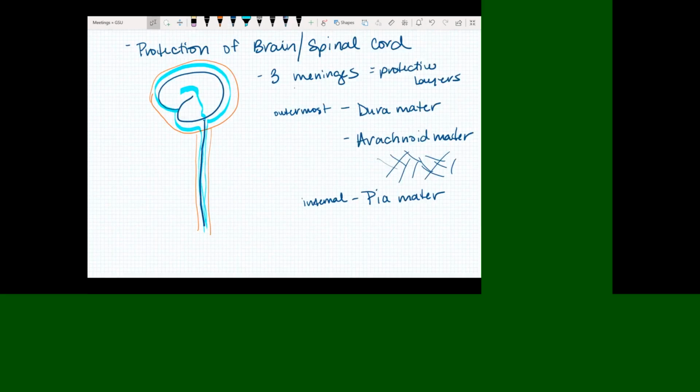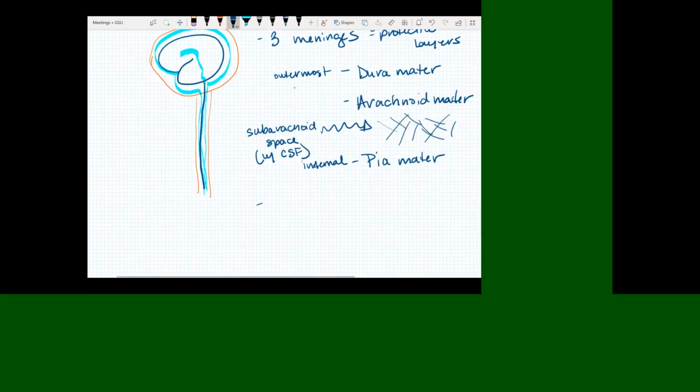And then in this little section right here, our arachnoid, you'll have something called a subarachnoid space. And this is where you will actually find this fluid that I drew over here. So that's another way that our brain is actually protected, which is going to be with cerebrospinal fluid, or CSF.